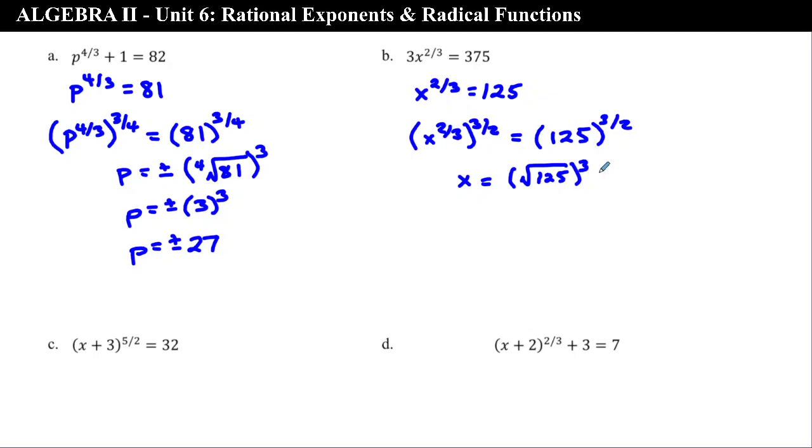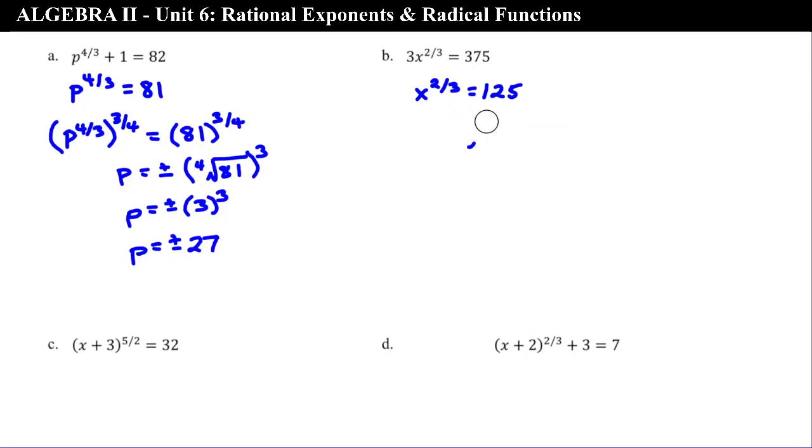And as it turns out, I have an error in your notes. So let's address that. Just like in class, sometimes we find an error in the notes as we go along. So we're going to change this problem to be x to the 3/2.